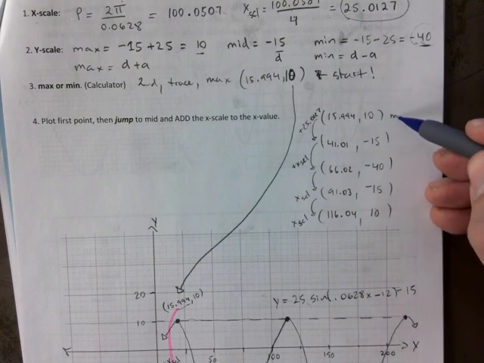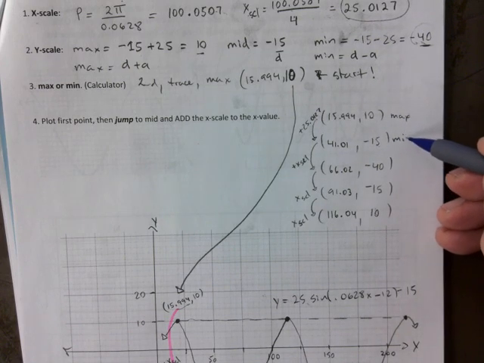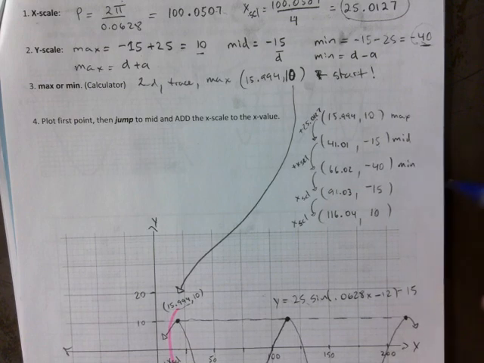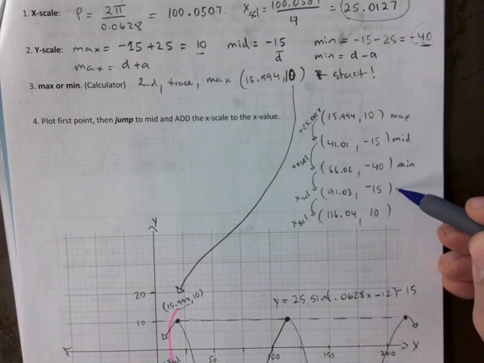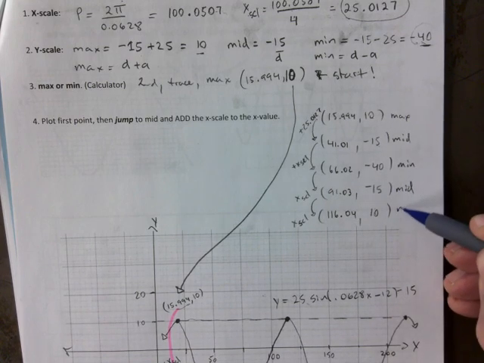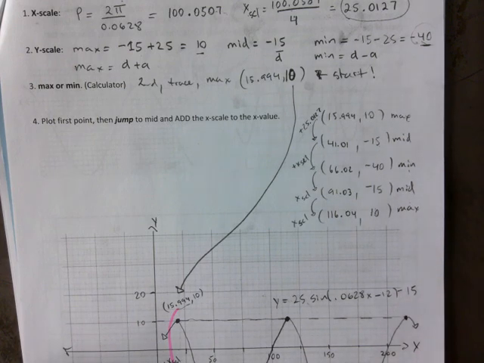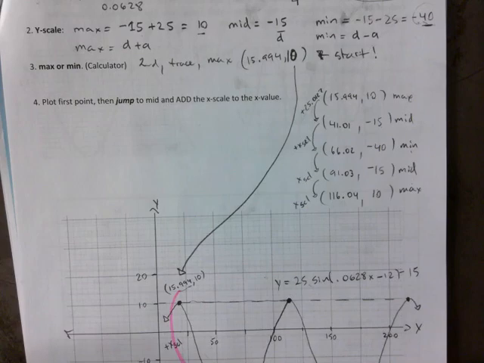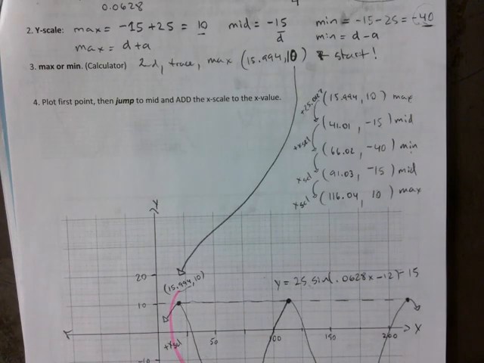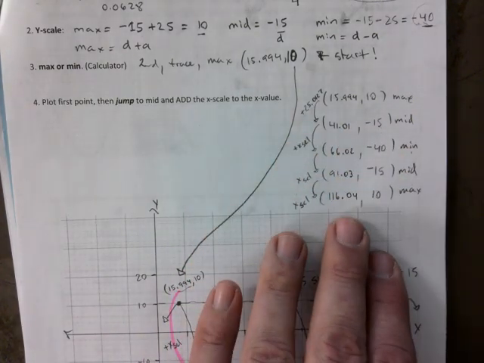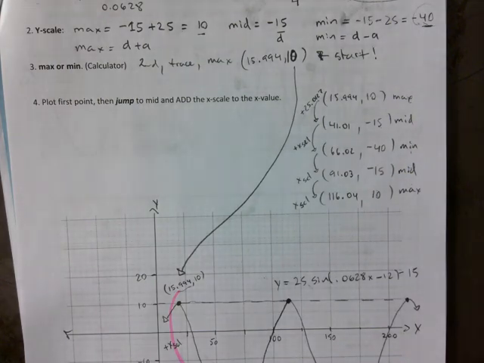This is the max, mid, min, mid, max, okay? So you cycled like that, and then you can go ahead and plot it on the graph, right? So you first do the work here and then figure that out, okay?